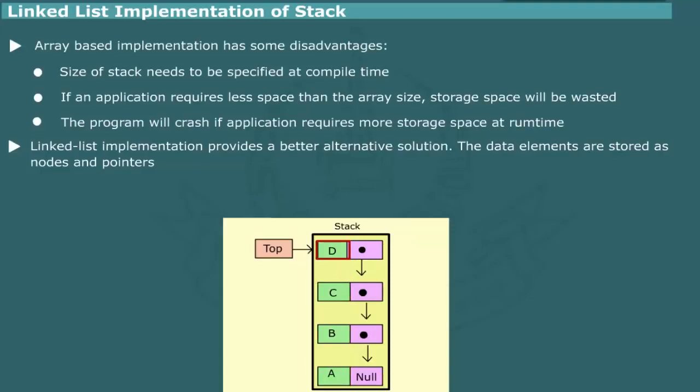The list header pointer top points to the top element in the stack. Internally, the elements of stack are linked together using pointers. The bottom element contains a null pointer. The list-based implementation has the advantage that stack can grow or shrink according to application needs.